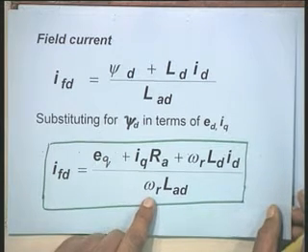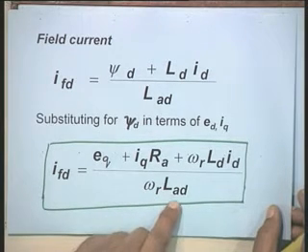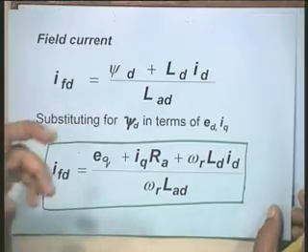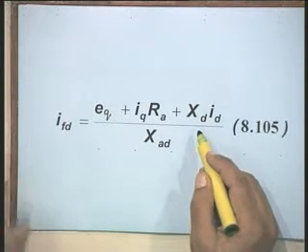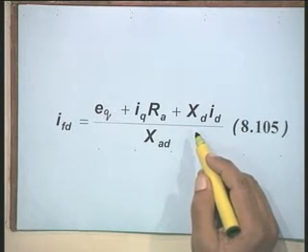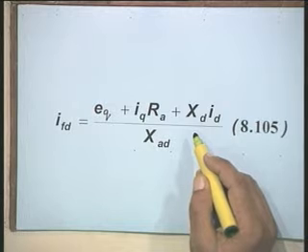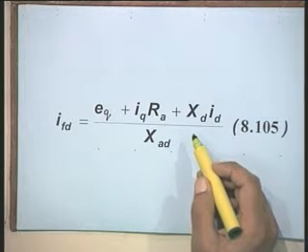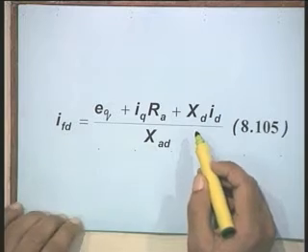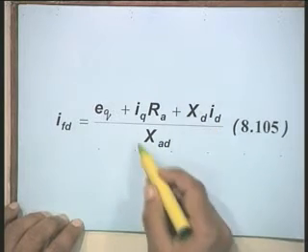Similarly, omega s into LAD will be represented by XAD, reactance. Omega L is always reactance. Therefore, this equation is written exactly the same, but instead of writing in terms of per unit d axis inductance and mutual inductance, it is written in terms of XD and XAD.